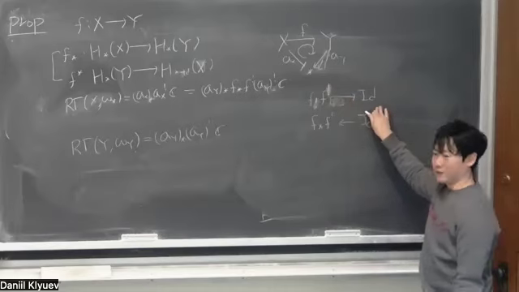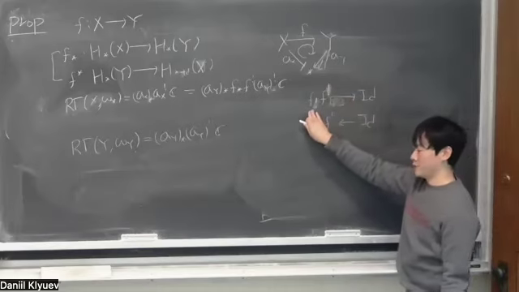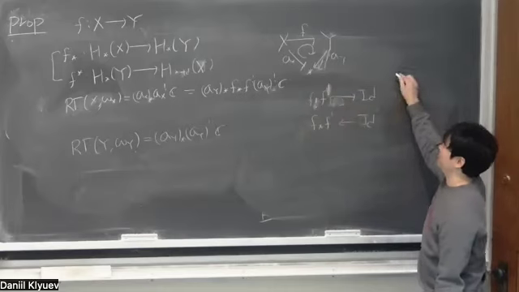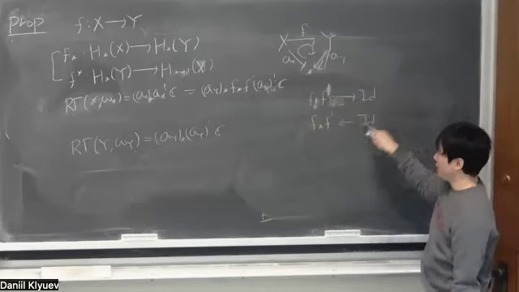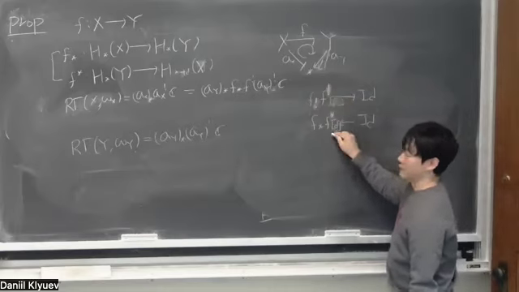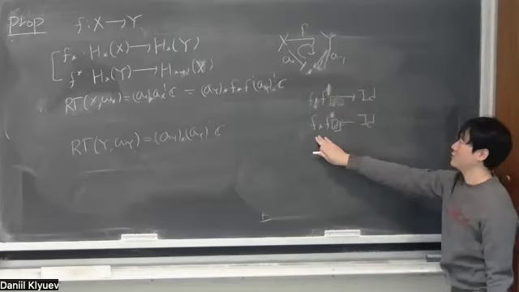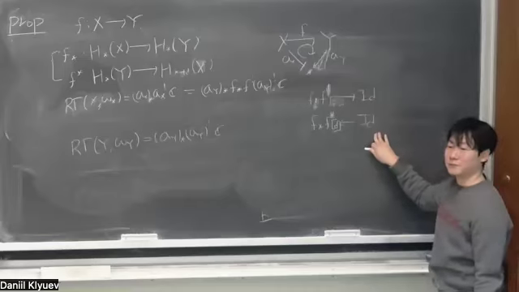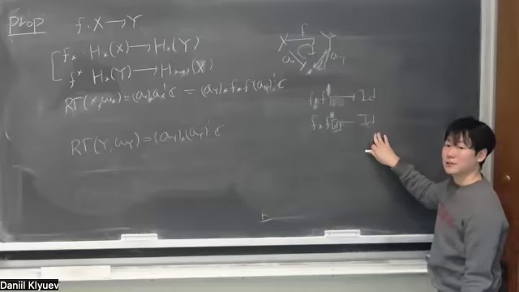This map is well defined because f lower star is left adjoint to f upper shriek. And this map is well defined up to shift when we have this, because f lower star is right adjoint to f upper star. So why would we shift here?